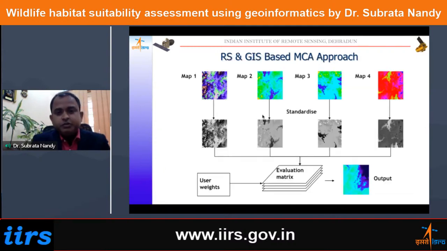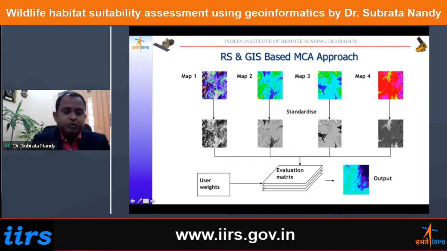Now, what is the role of AHP? Suppose we have some maps, let's say map 1, map 2, map 3, map 4. This depends on the species. I'll show you an example of how these layers were selected. Once your layers are selected, they should be standardized so that they come to the same platform.